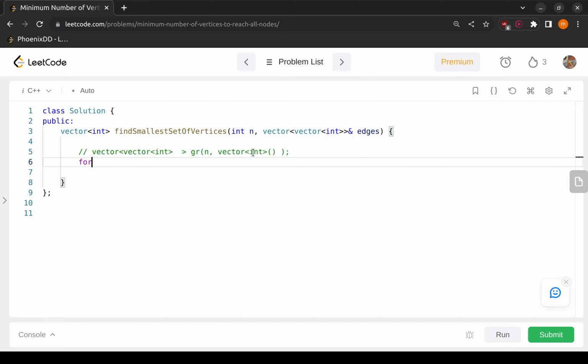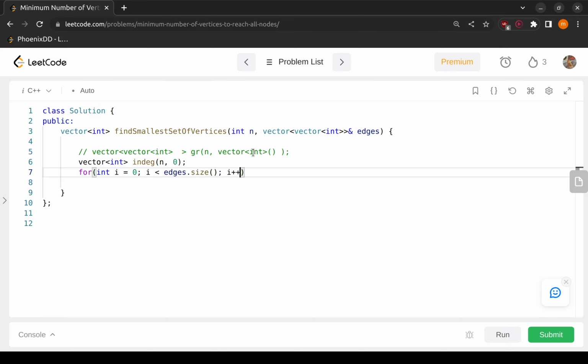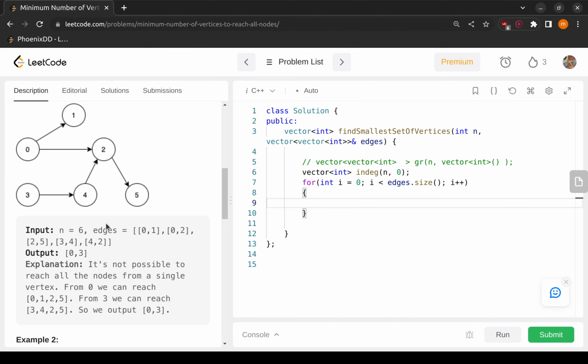We just need to calculate the in degree. So the edges are from and to, right?